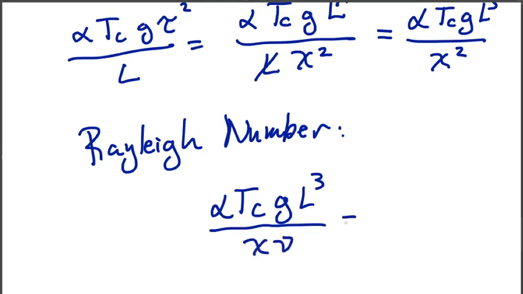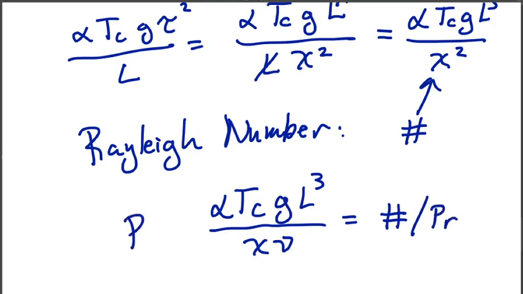So that is equal to our number up here divided by a Prandtl number. So this is our Rayleigh number. So that means that our number is itself a Rayleigh number times a Prandtl number.